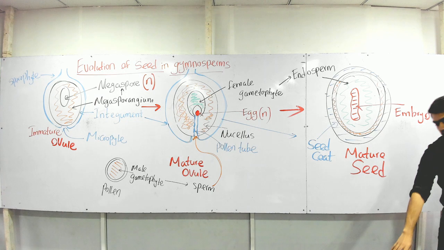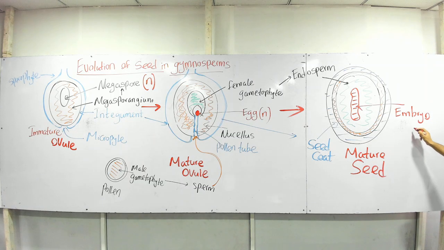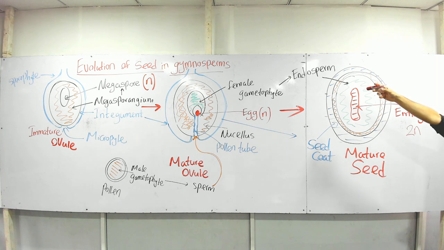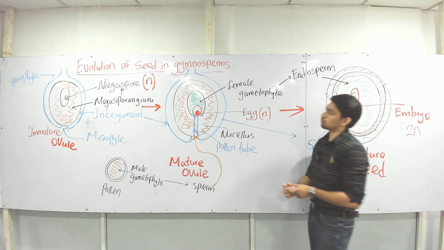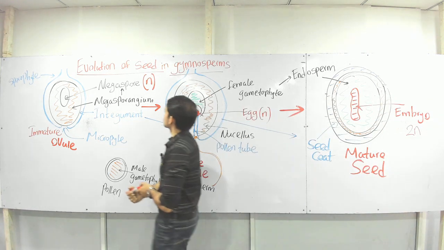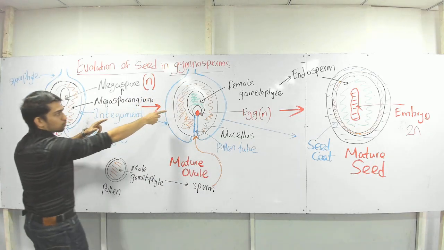What about the ploidy? Embryo, 2n. So the food supply or the endosperm came from where? Female gametophyte. Female gametophyte came from what? Megaspore.